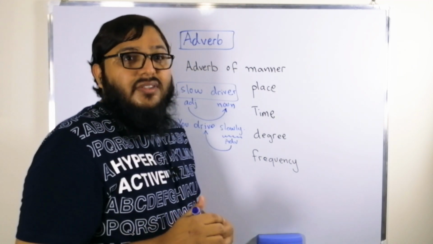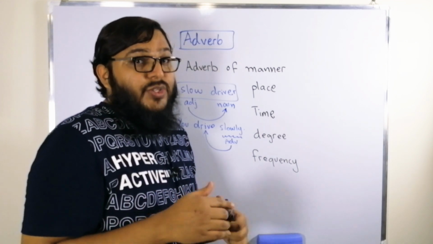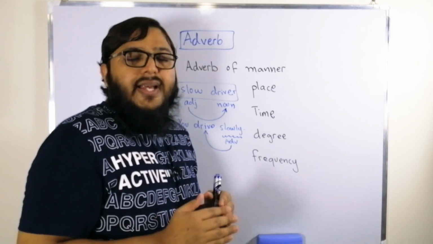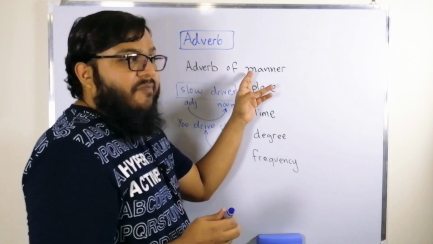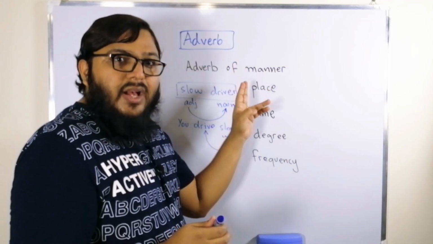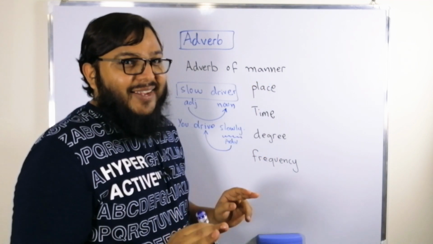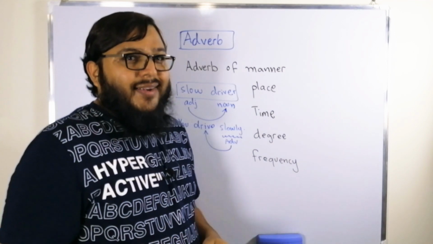He drives so fast. Fast, again, is an adverb, but there is no ly at the end. So some adverbs of manner are regular and some are irregular. Remember this. Okay, so we are moving to the next kind.